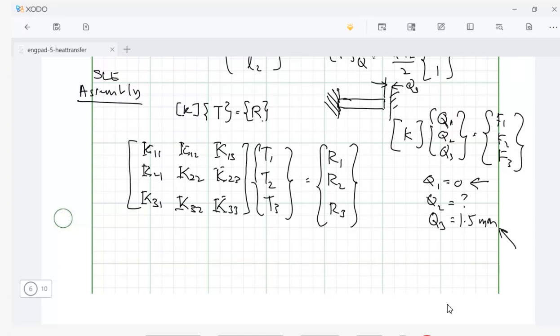But we need at least one boundary condition for this solid mechanics problem, right? How many boundary conditions do we need here? We need one. For solid mechanics, we need at least one.